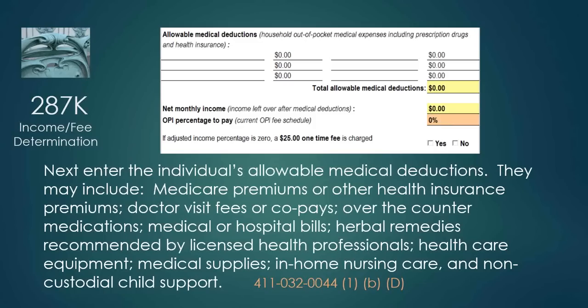And you see one kind of stands out as not seeming to be medical. That is the non-custodial child support, but that's specifically written in the rule, and so that's allowed as a deduction. So the result would be the total medical deductions or allowed medical deductions for this individual.